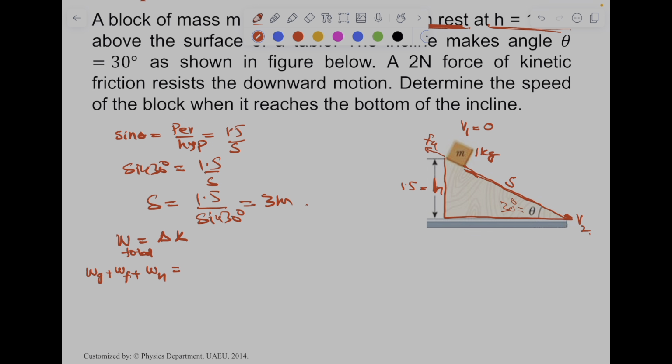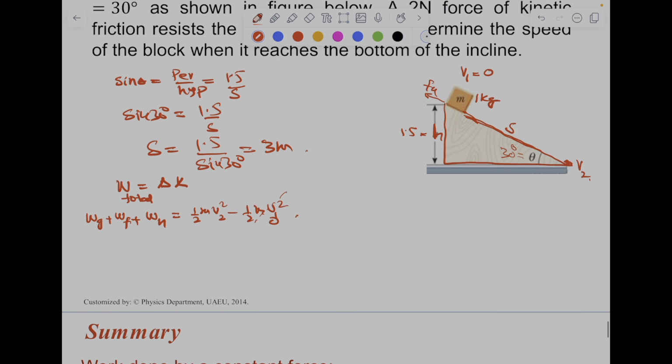This is what we saw in the previous problem. The change in kinetic energy is 1/2 m v2 squared minus 1/2 m v1 squared. Because it's starting from 0, this goes to 0.